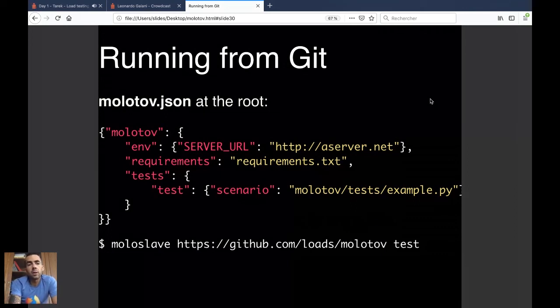So here, using the command line molslave against a GitHub repo with the test option, is going to download the repo and call this scenario here, and reuse all the options we have in the JSON file. We use that so it's simpler for anyone to run a test without having to do anything on their side. As long as I have Molotov installed, if I do molslave, a GitHub repo, and the name of a test, it's going to pick it up, run it, and that's it.